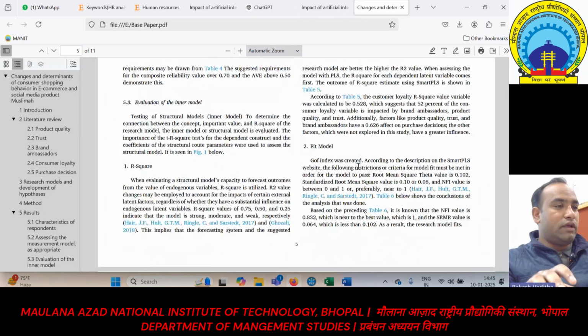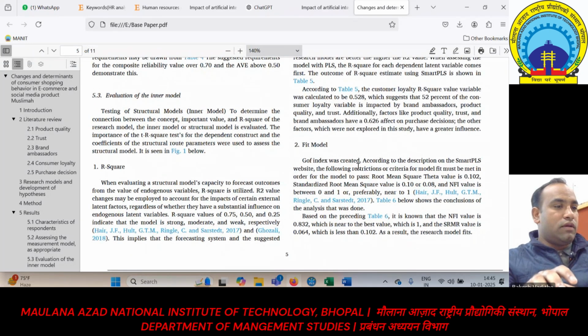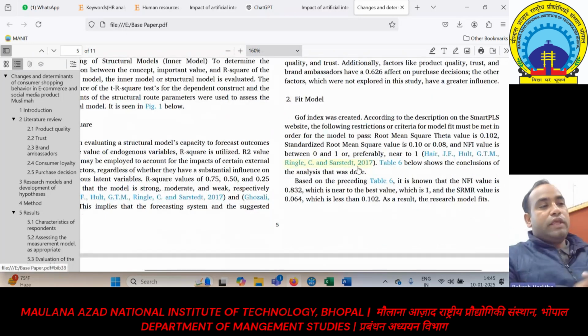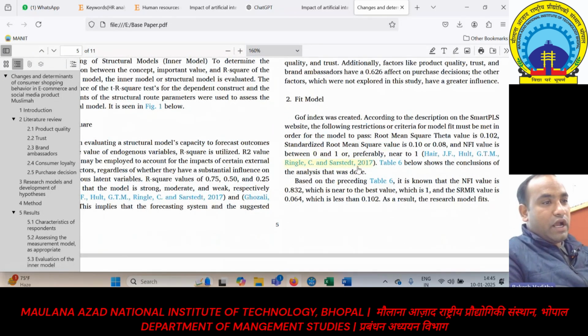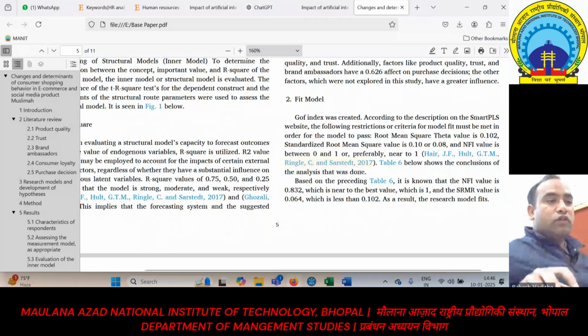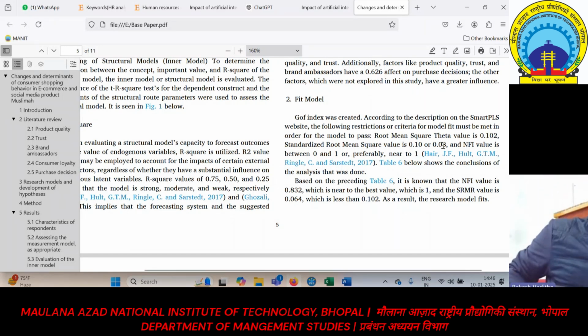Regarding the model fit, the goodness of fit index was created according to the description on the SmartPLS website. The following criteria must be met for the model to pass. For testing the model, the SRMR value should be below 0.08. Then it indicates our proposed model is fit for our study.